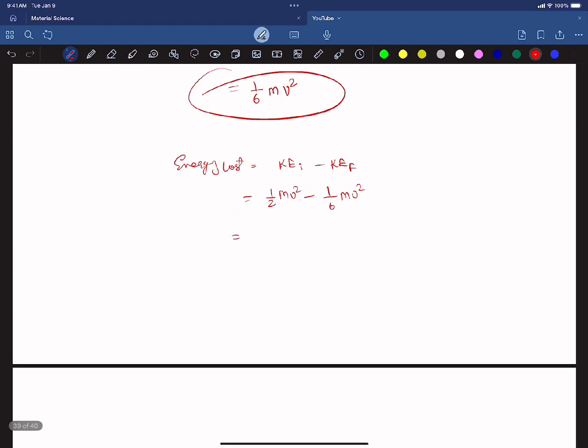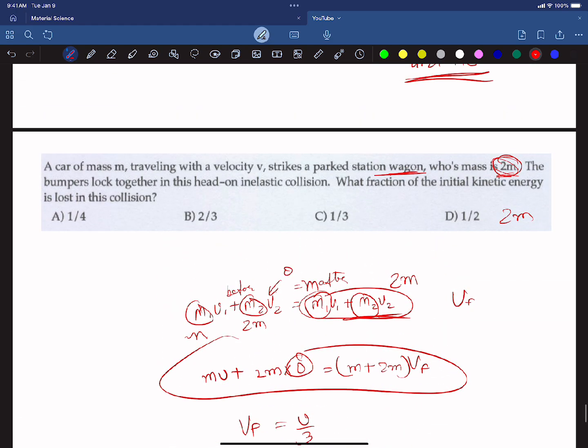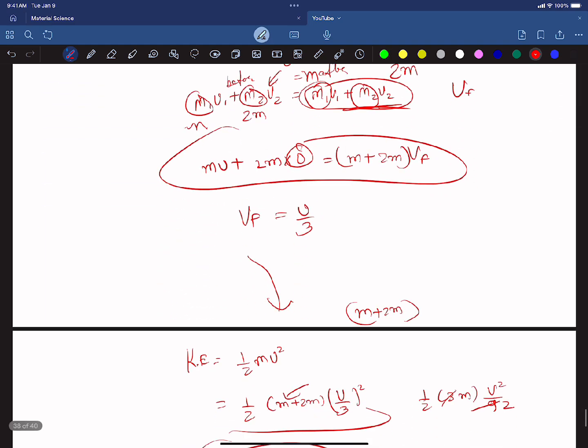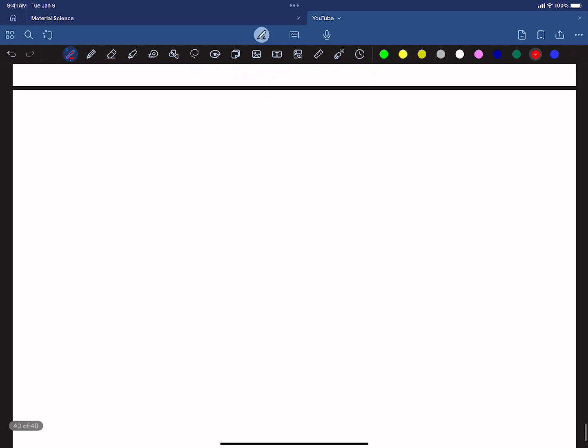Now in this case you can take common mv square from both sides, so you just need to subtract 1 by 6 from 1 half, then you will get 1 by 3 mv square. So this is your answer: 1 by 3 of the initial kinetic energy is lost in the collision. Alright, let's move on to the next question.